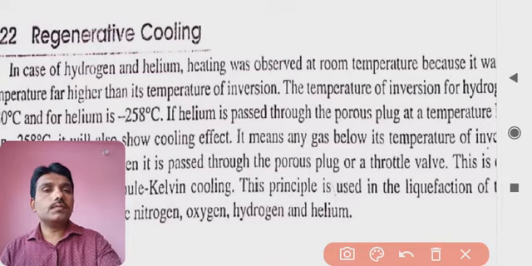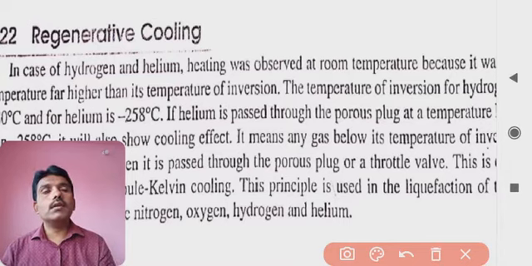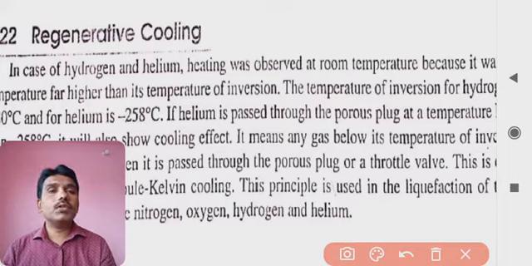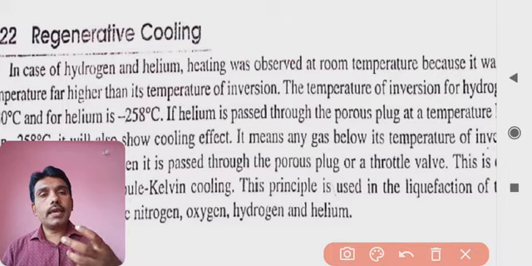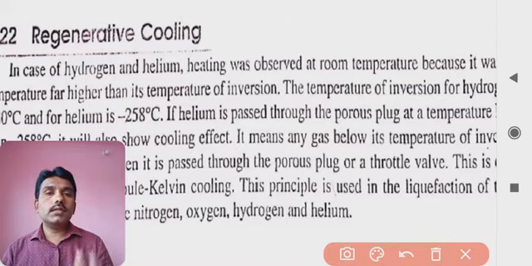And it is so because this room temperature is higher than the temperature of inversion of both hydrogen and helium. मी ऑलरेडी तुम्हाला आधीच्याही पार्टमध्ये म्हणलं की जर अप्लाइड टेम्परेचर हे त्या गॅसच्या टेम्परेचर ऑफ इन्व्हर्शनपेक्षा कमी असेल तर कूलिंग इफेक्ट बघायला मिळतो, आणि जास्त असेल तर हीटिंग इफेक्ट बघायला मिळतो. नो डाऊट ज्या अर्थी हायड्रोजन आणि हेलियम हीटिंग इफेक्ट दाखवायलेत, त्याचा अर्थ रूम टेम्परेचर हे त्यांच्या टेम्परेचर ऑफ इन्व्हर्शनपेक्षा जास्त आहे. नाहीतर त्यांनी सुद्धा कूलिंग इफेक्टच दाखवला असता.